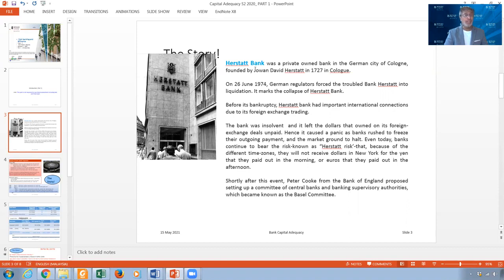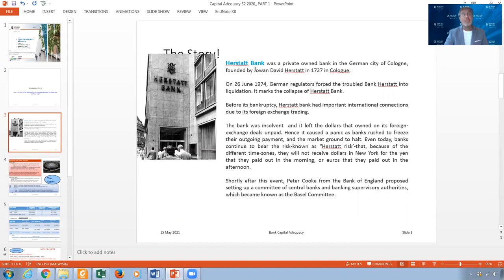If they execute the transaction in the morning, and the American banks are the ones who are going to pay, then the settlement will happen on the second day. Because by the time the American banks open, the Japanese banks are closing.